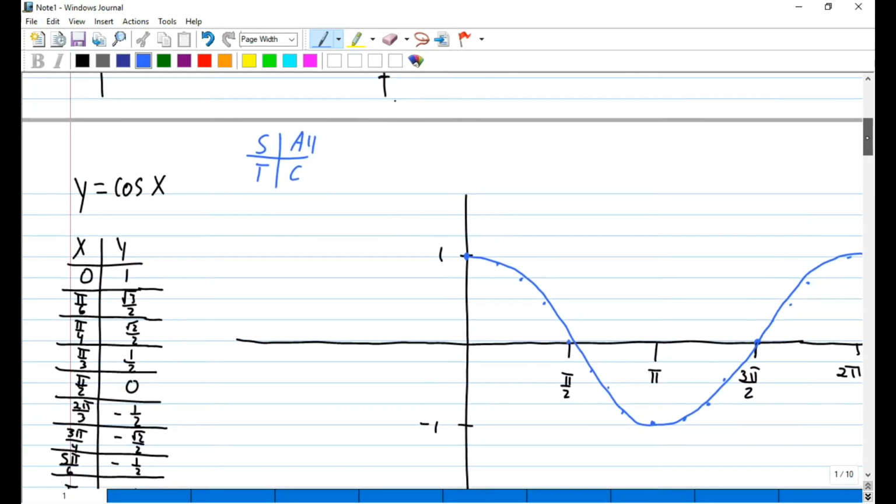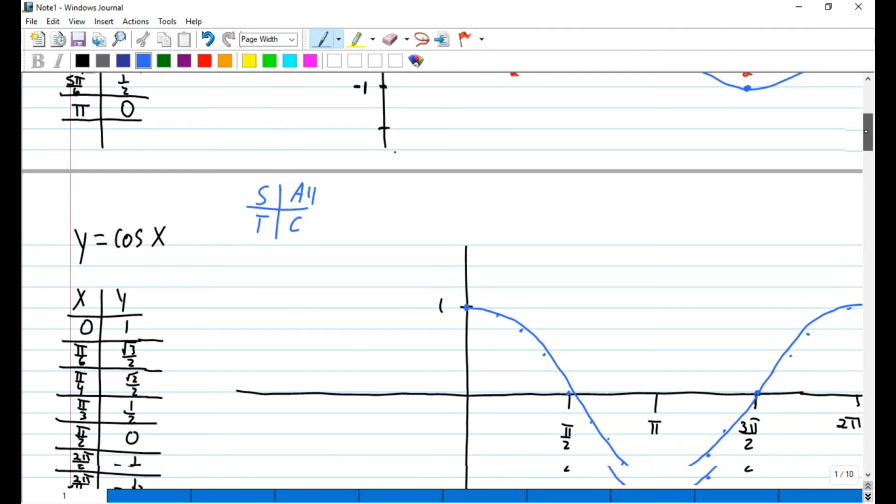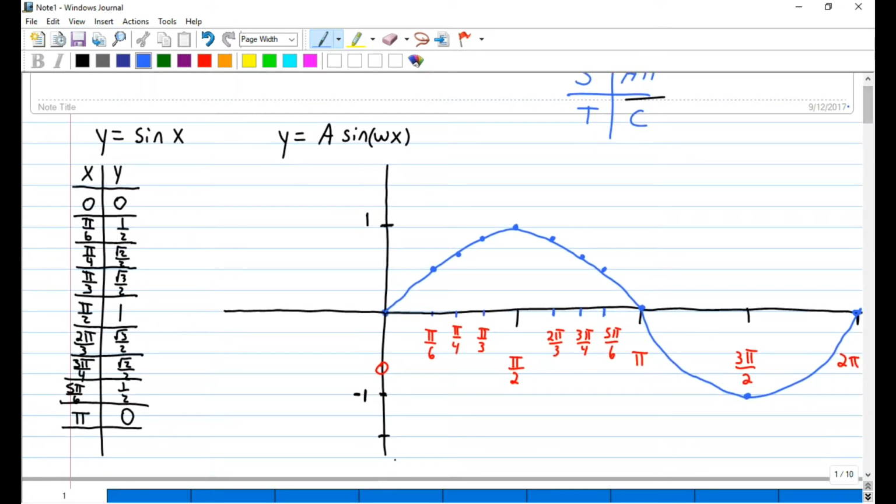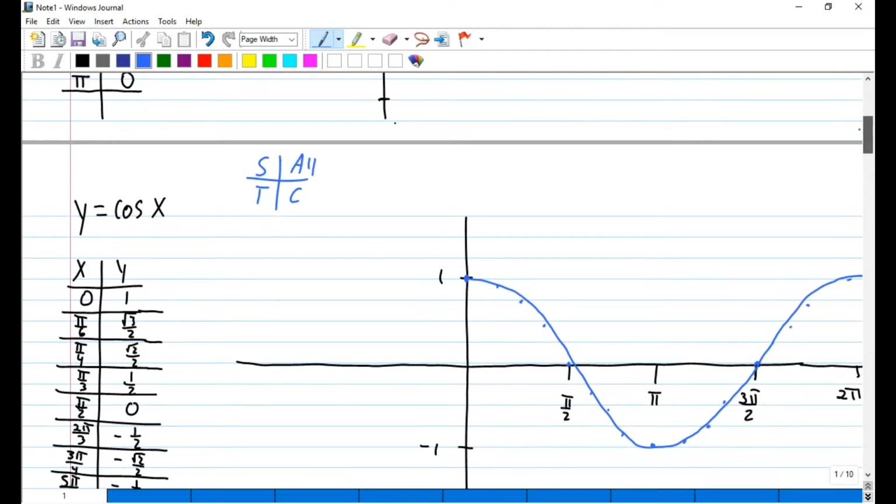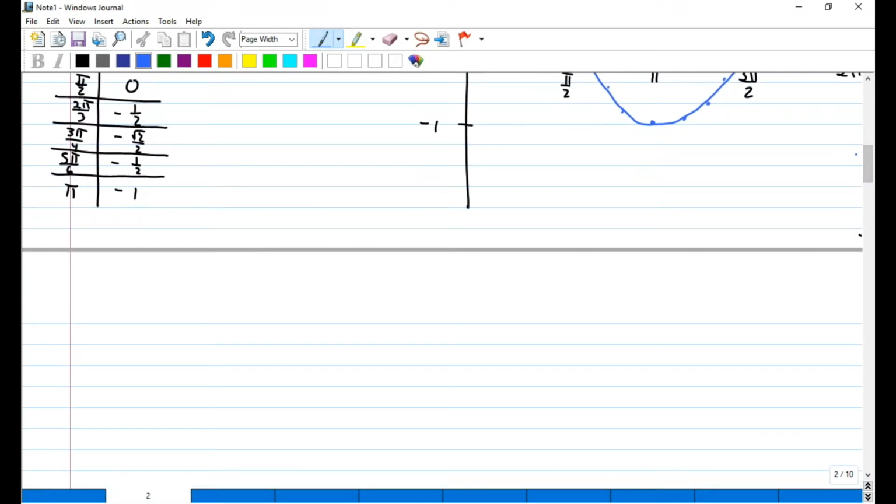Now, if we change the value in front of the trig function, this is for sine or cosine. So if we change this a right here, and I'll tell you what that stands for in just a second. But if we change the a, then that's going to change the high point and the low point. Okay?